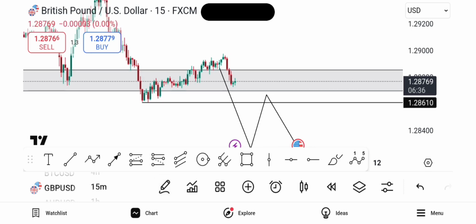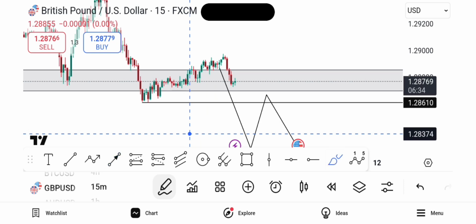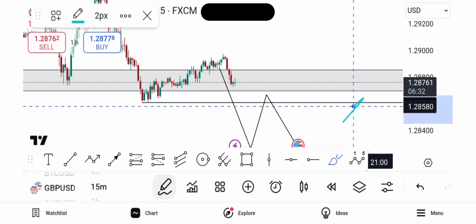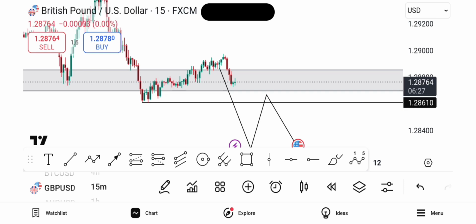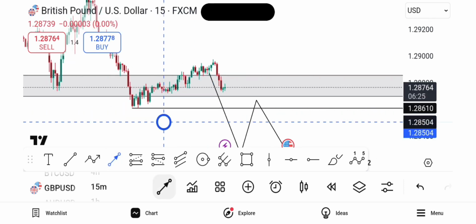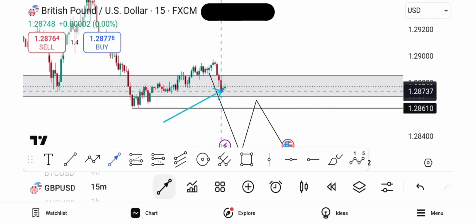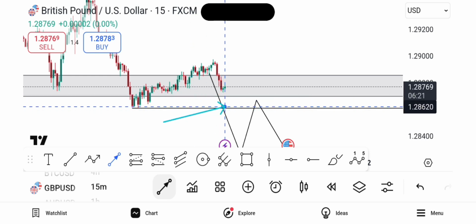What are we seeing here as per now? The market is here, and we have this nearby support.